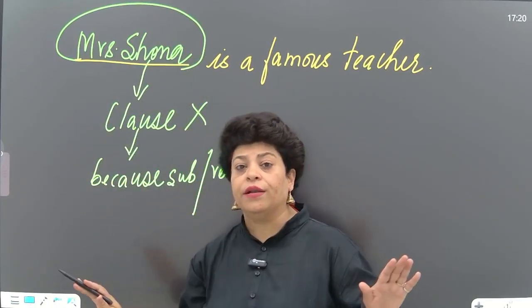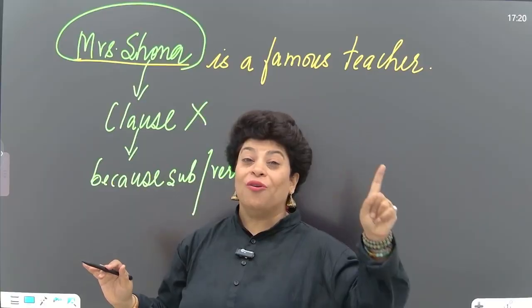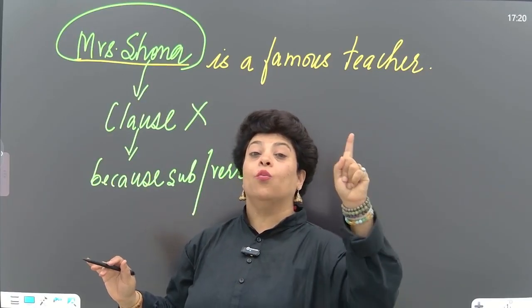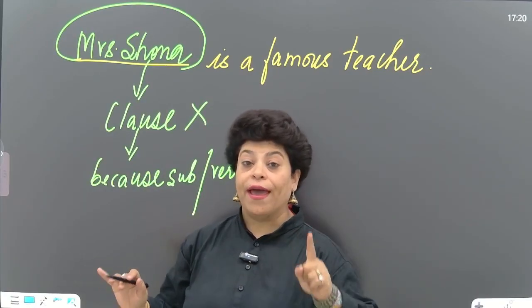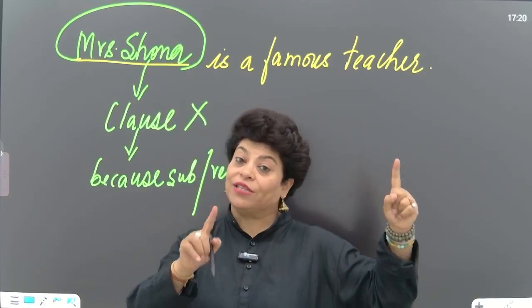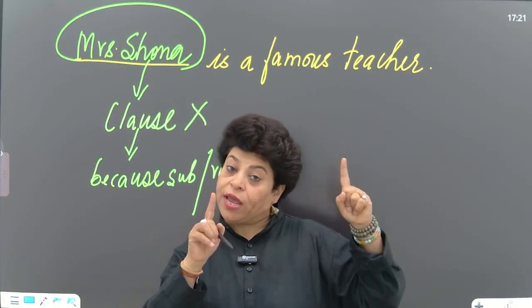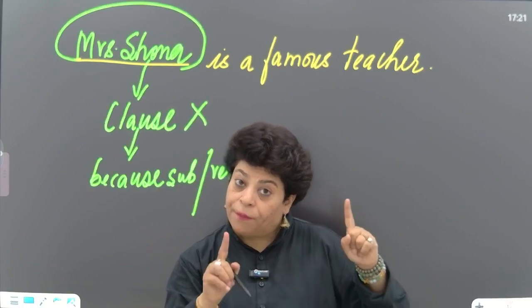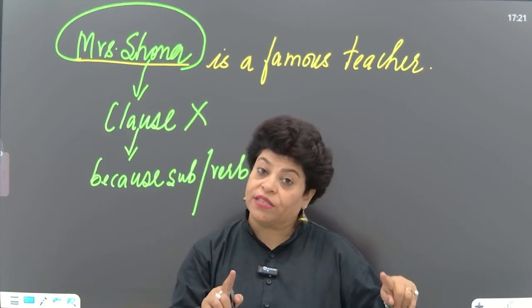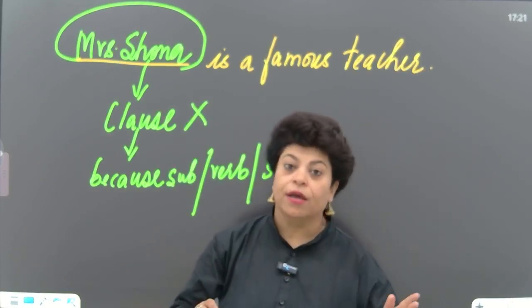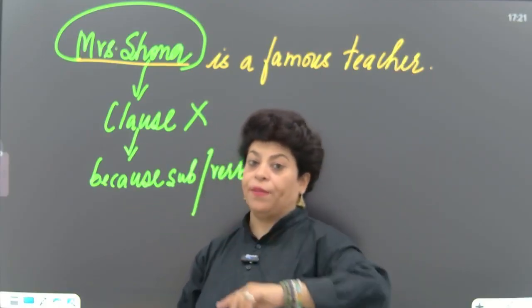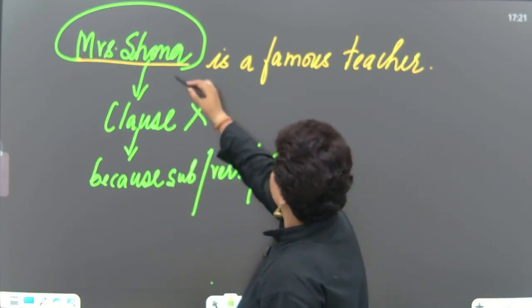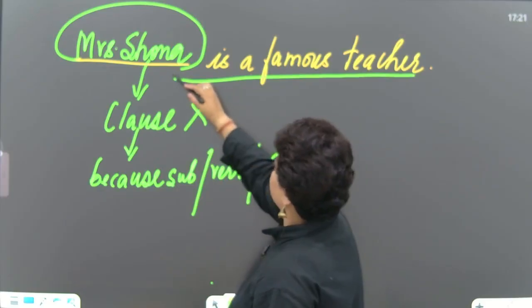Hence, we complete the condition, but a noun is only one word, whereas a noun clause is a group of words which has its own sense, but it gets attached with a subordinating conjunction, hence becoming dependent on the independent sentence. What is the independent sentence here? Dash is a famous teacher, Mrs. Shona is a famous teacher.